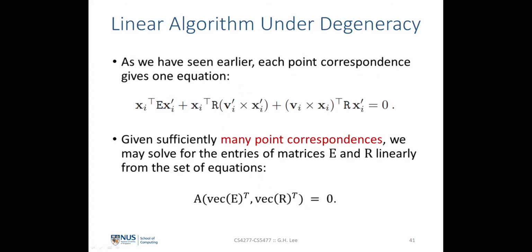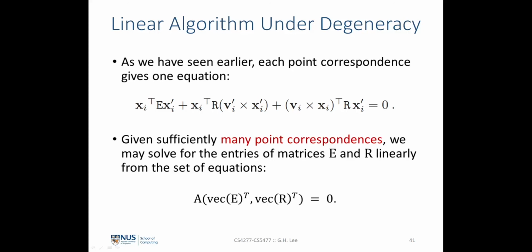So having defined the three different configurations of the degeneracies for our generalized camera, we'll now look at how to solve the equations under these degeneracies. We'll see that this will still remain a linear algorithm, which will allow us to solve for the solution uniquely instead of having a family of solutions that is parameterized by two or more parameters, as we have seen earlier on.